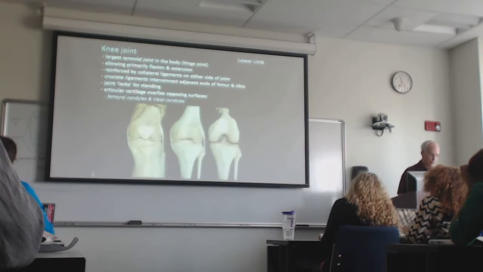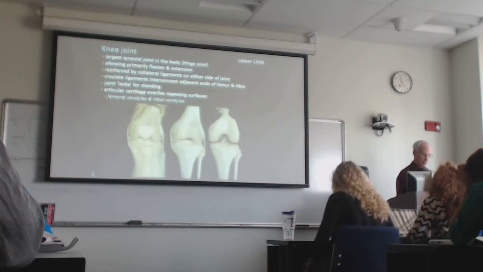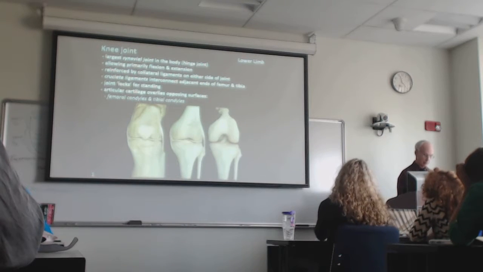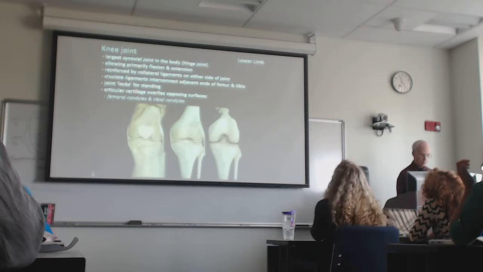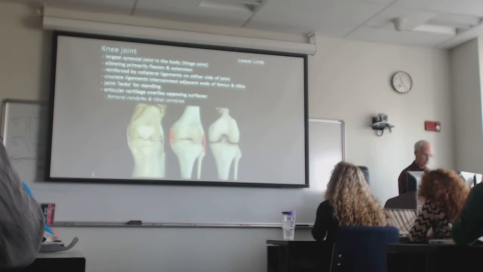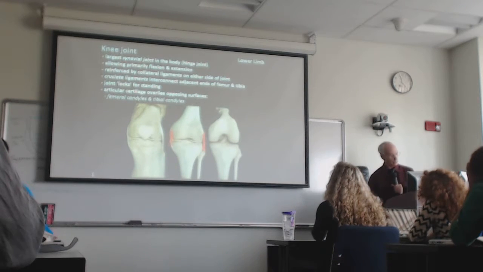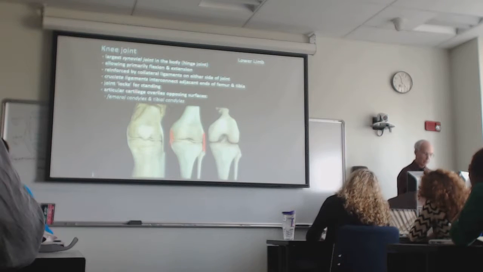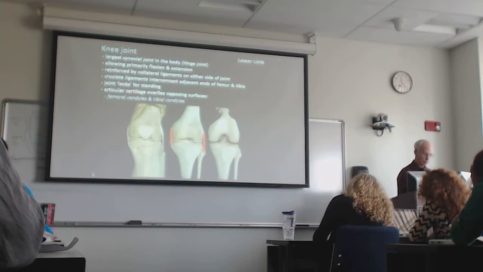Now, in these introductory images, again, you can see the condyles, you can see the epicondyles, you can see the tibia and the femur there. You can also see the collateral ligaments. These are the collateral ligaments that extend from the superior bone to the inferior bone. And then in the image on the right, we see the cruciate ligaments.